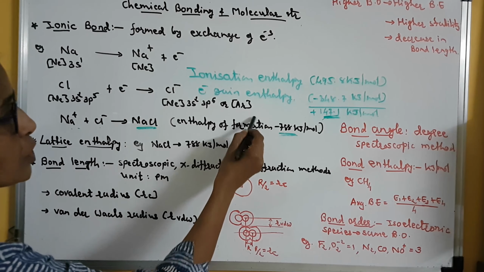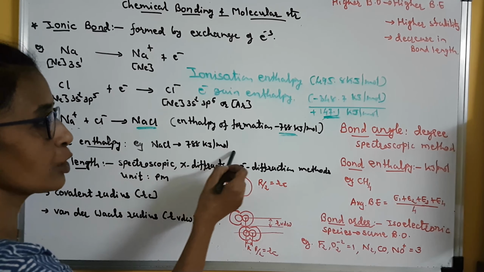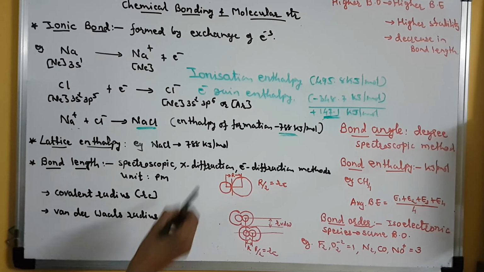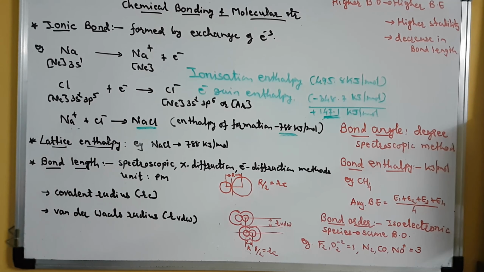So from these two values we can see that the unit for lattice enthalpy is kilojoule per mole. Clear? The unit for enthalpy of formation is also kilojoule per mole.